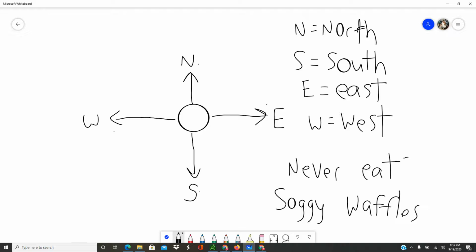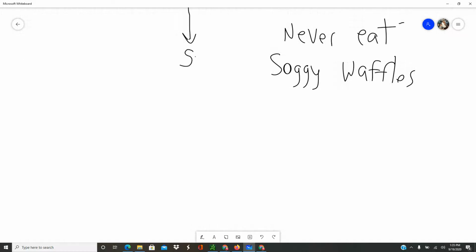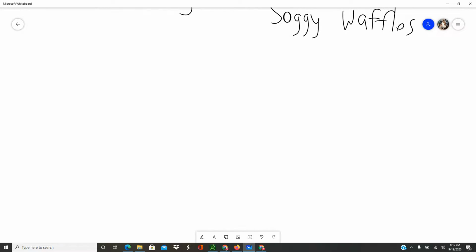But those four directions actually have a name. They're called cardinal directions. Okay, so I'm going to move my page down a little bit. You might go to another page if you made that too big. Hopefully it fits.